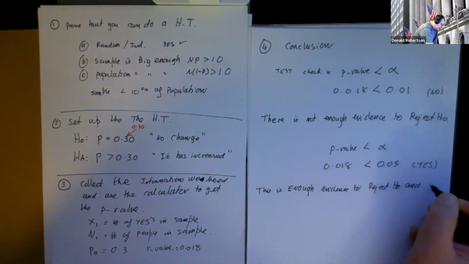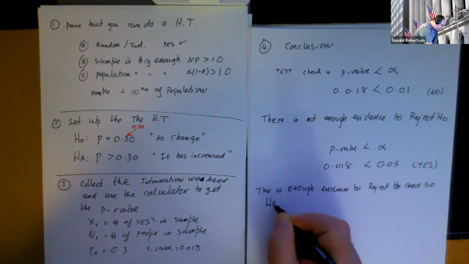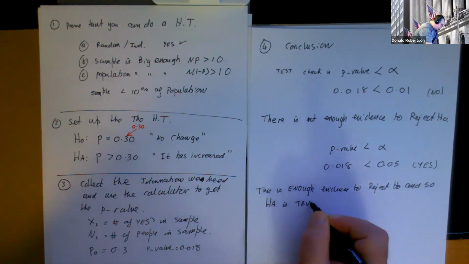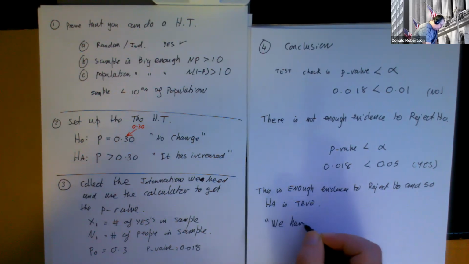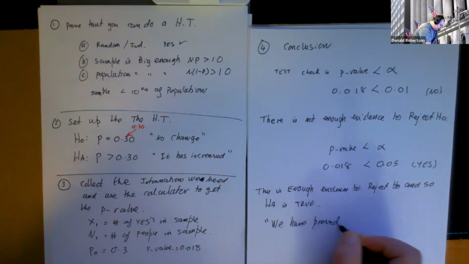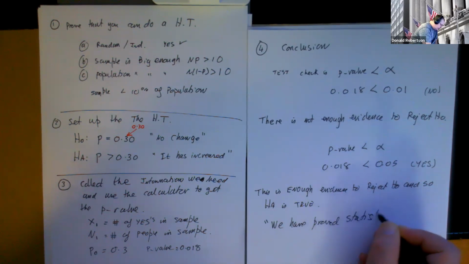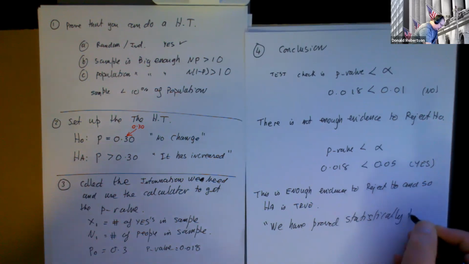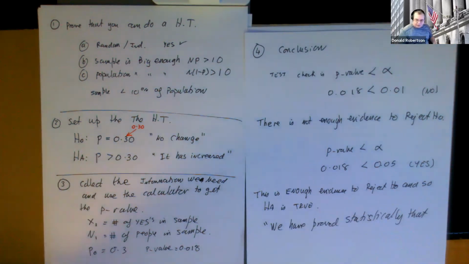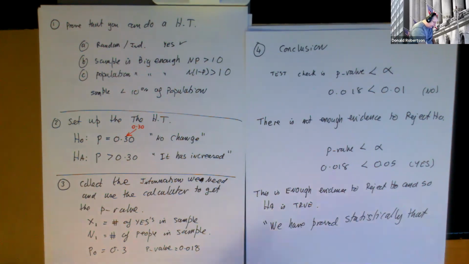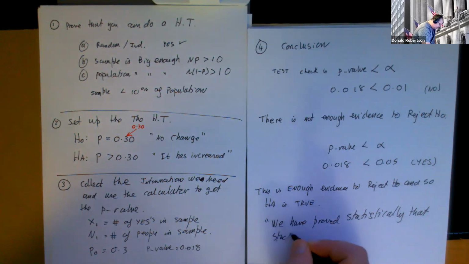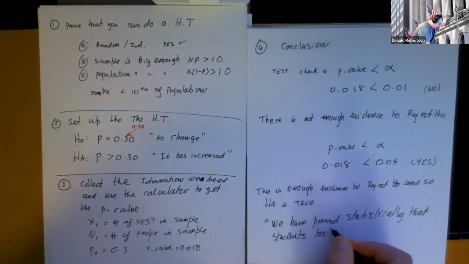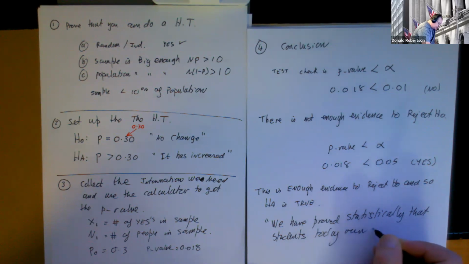But you finish with, and so HA is true. And in English you will say, we have proved statistically. I'm confused, sir. Right. Well, I'll finish this sentence and I'll come back to your confusion. Okay. So it proved statistically that students today own a car more often.